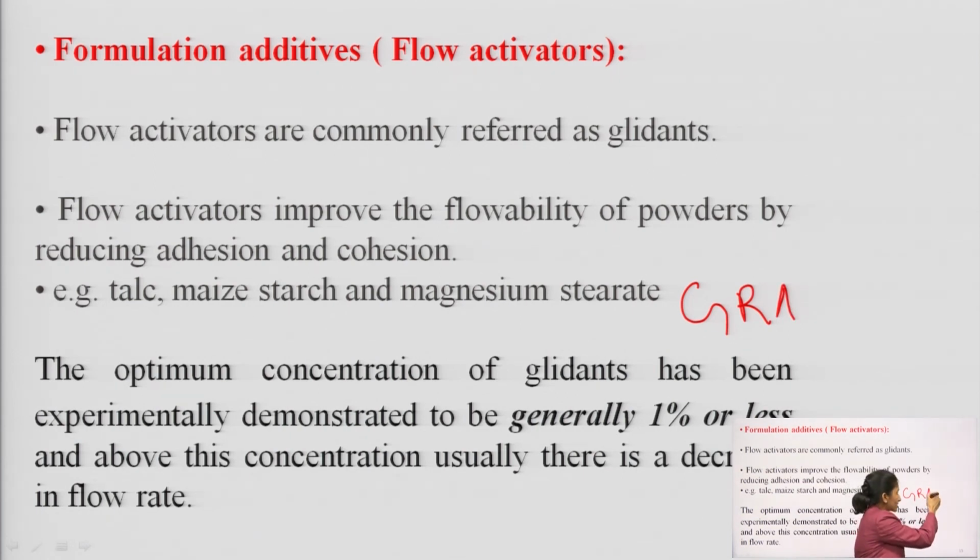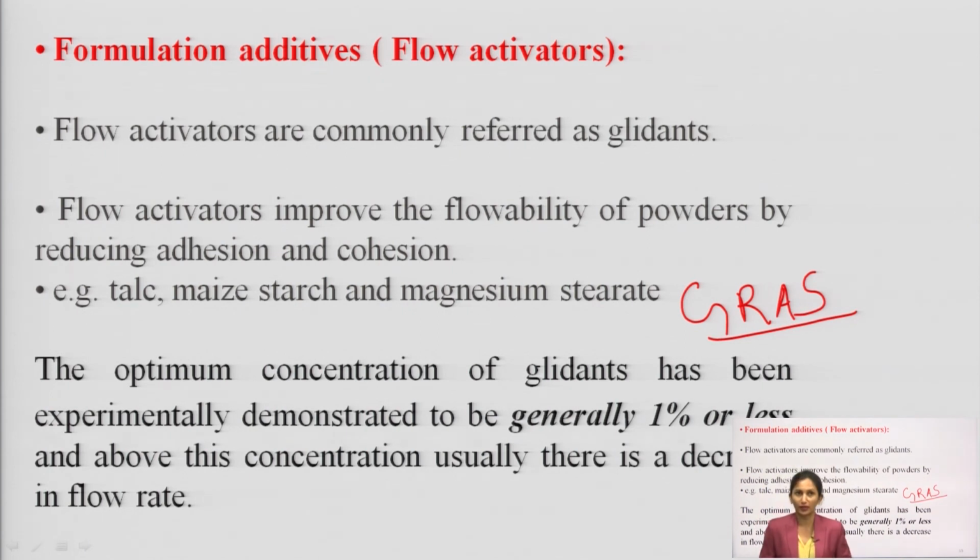Only GRAS standard excipients you can use for the formulation process, and there is a permissible limit of how much you can use that excipient. Here magnesium stearate is also an excipient to improve the flow property of the powder, and the maximum permissible limit of this excipient is 1% or less.